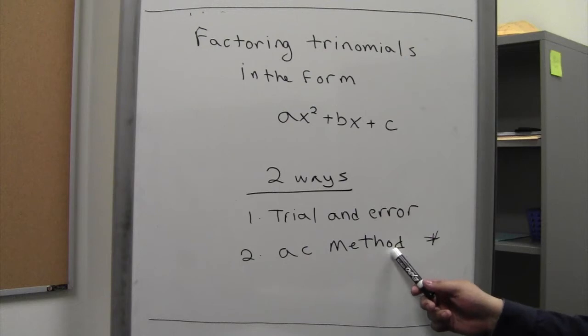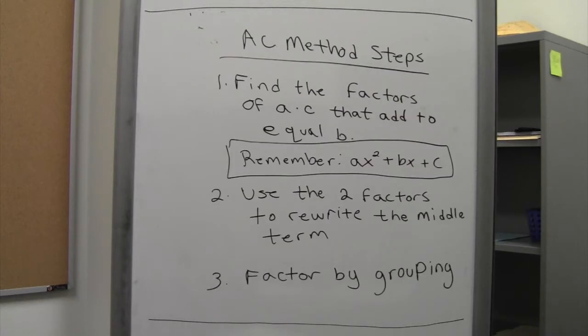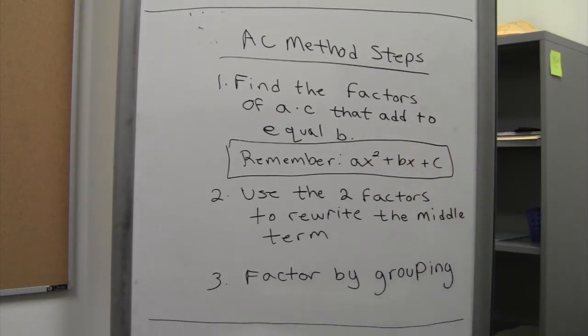So let's take a look at some steps that are required in order to do this AC method. Here are the steps for the AC method. Step 1, we have to find the factors of a times c. There's going to be a list of them, and we need to find the pair of them whose sum, or when you add them, equals b.